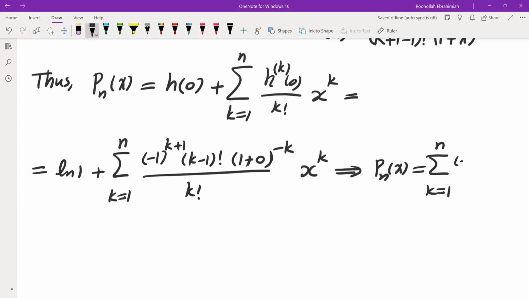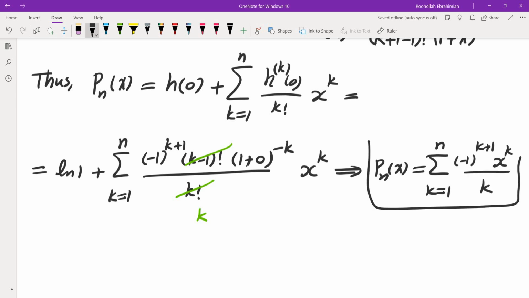Negative 1 to the power of k plus 1 stays. K minus 1 factorial and k factorial, they cancel. We are left with a k at the bottom. And 1 plus 0 to the power of negative k also disappears. So we get x to the k over k. So this is going to be the nth Taylor polynomial for ln of 1 plus x.